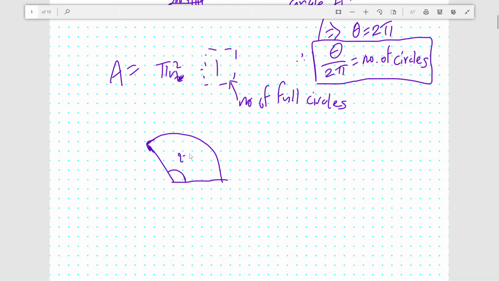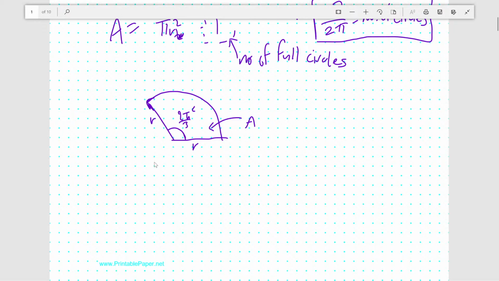Right, it's 2 pi over 3 radians, and with radius r. And we want to find the area of this object. Well, obviously, since it's a third of a circle, the area would be pi r squared times 1/3, because it's a third of the area of a circle if it's a third of a circle.